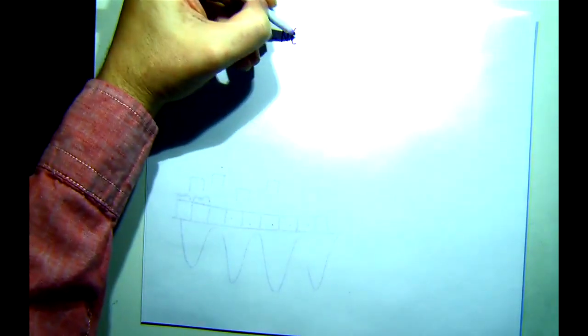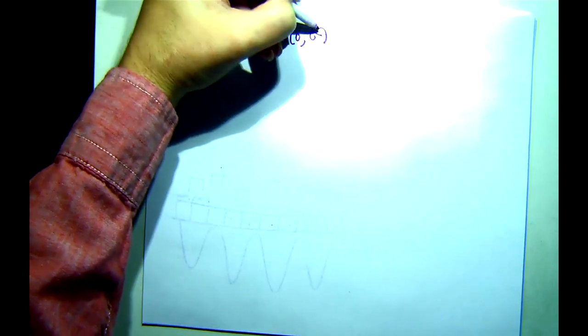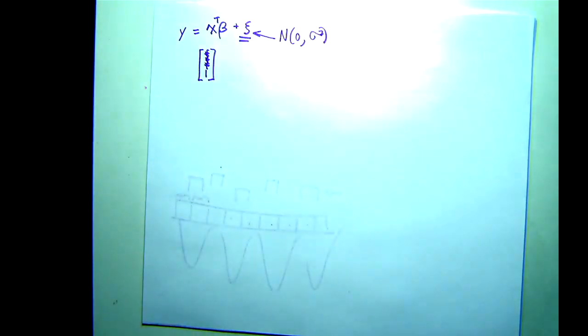Now, the next step we talked about for learning beta is we assumed that this followed a normal, again, zero mean, and some variance. We don't care what that variance is. We just care that it's a normal.